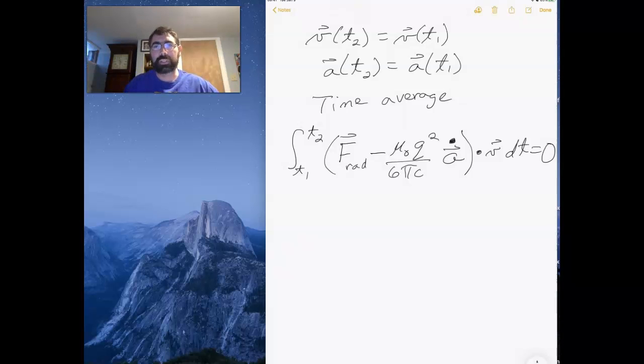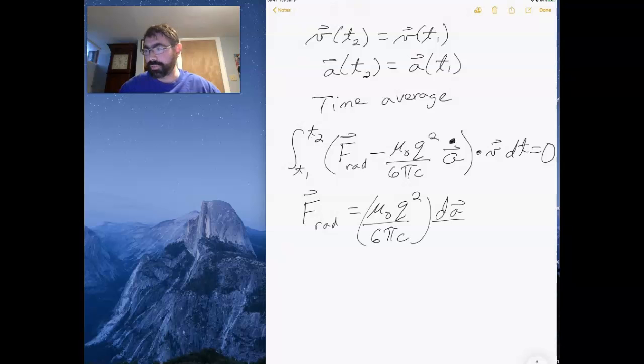So the most interesting aspect of this is that this radiation force is equal to mu 0 q squared over 6 pi c times the derivative of the acceleration with respect to time.